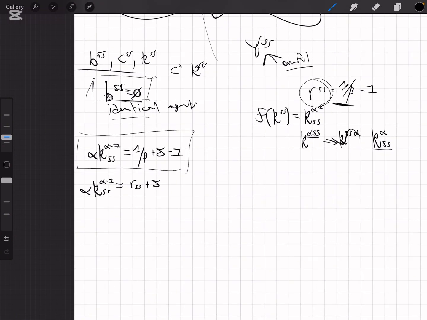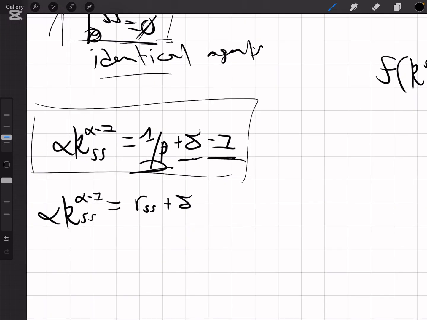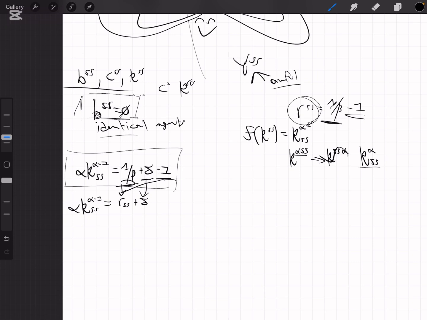Because the 1 over beta and negative 1 over beta, negative 1, you have this goes down here, and then this makes up RSS, okay? I don't know why I was really struggling through that extremely simple algebra there. Really shows you how much I know.